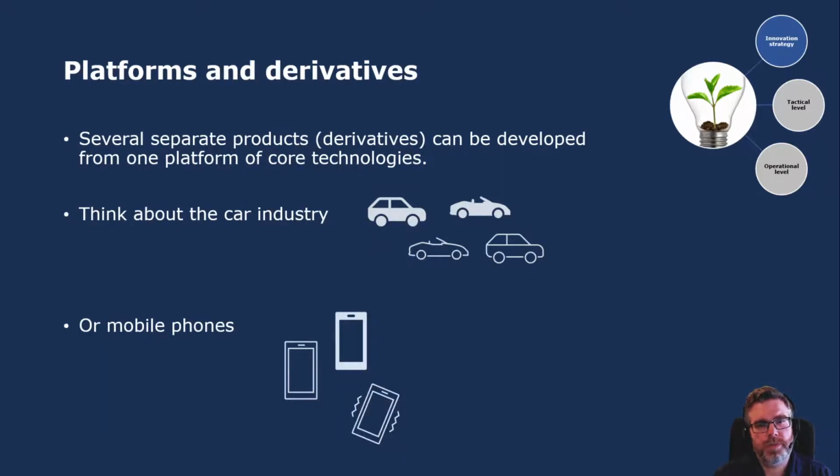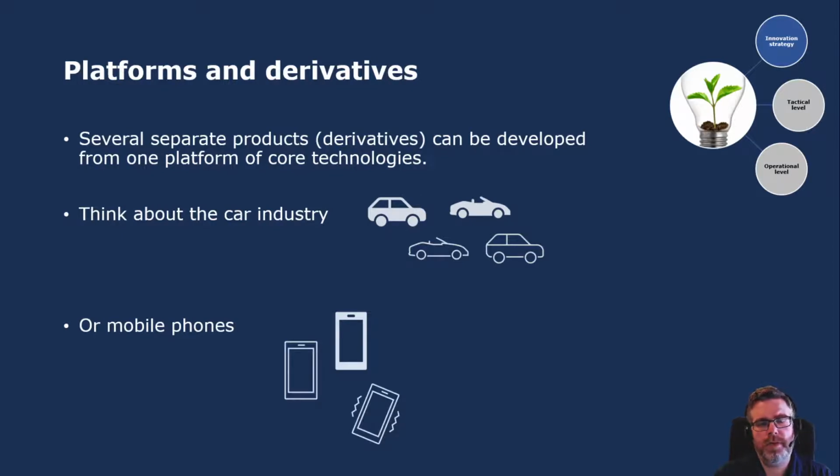The chapter also discusses platforms and derivatives. And this works in this way that you may have several separate products, which are called derivatives, that can be developed from one platform of core technologies. So you may want to think about the car industry, for example.